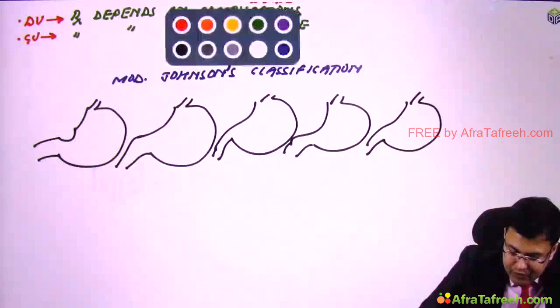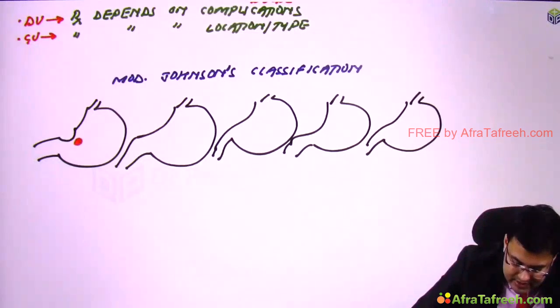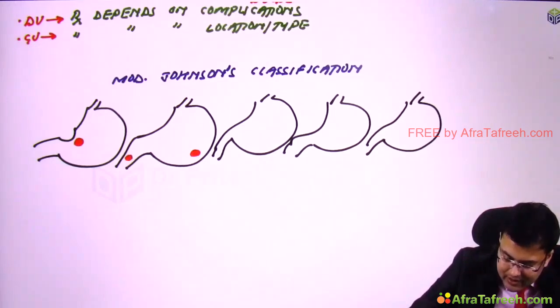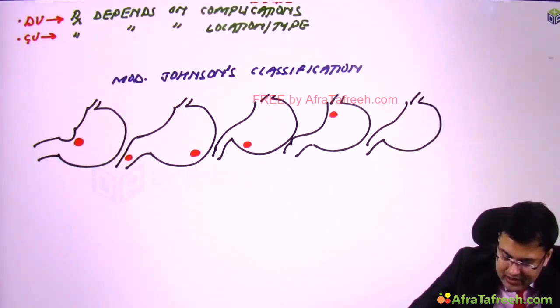In type 1, the ulcer is located at incisura angularis. In type 2, there are two ulcers, one in the body, one in first part of duodenum. In type 3, there is a pre-pyloric ulcer, just before pylorus. In type 4, it's high on lesser curvature, and in type 5, it is NSAIDs induced, anywhere.